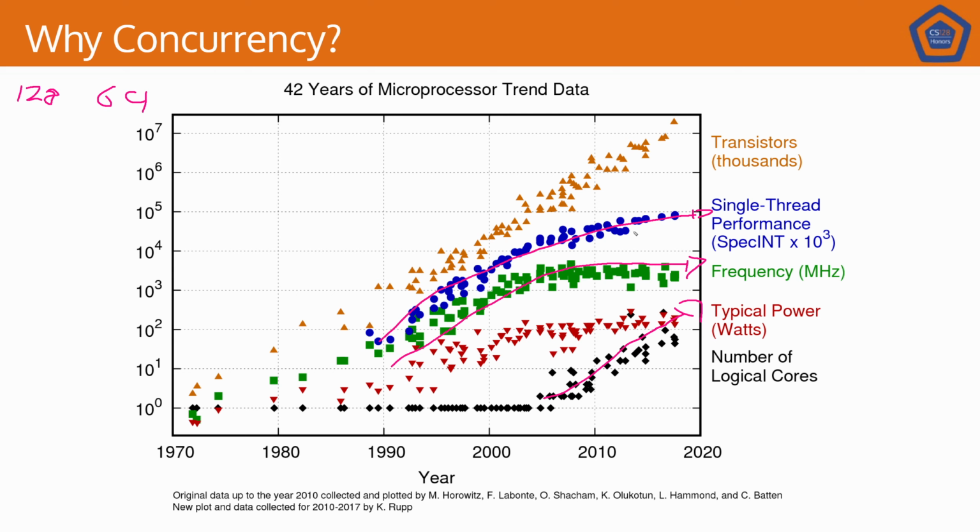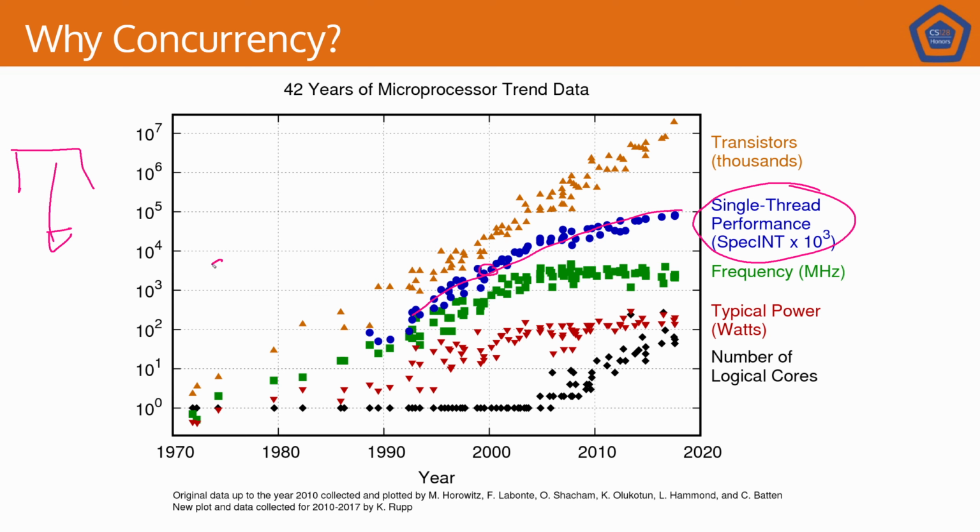And this means you have a single core that is executing instructions one at a time, and it has to handle one thing after another. And the single-threaded performance is tapering off. And so 20 years from now, so 20 years ago was, what is this, like 55 times 10 to the 3? And nowadays it's 10 to the 5, whatever metric this is.